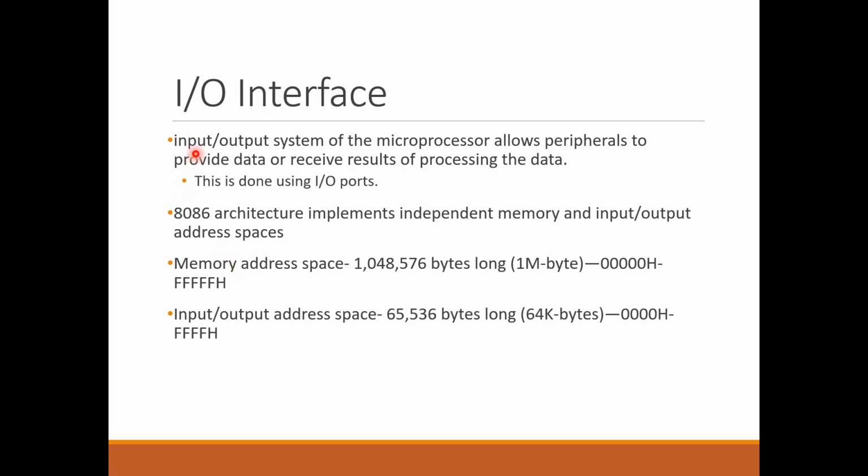We all know that the input-output systems inside each microcomputer system, or microprocessor-based system, allow the peripheral devices or the external devices to communicate with the computer in order to send data to the microprocessor to be processed and to receive the processed data from the microprocessor. This communication is done using the input-output ports.